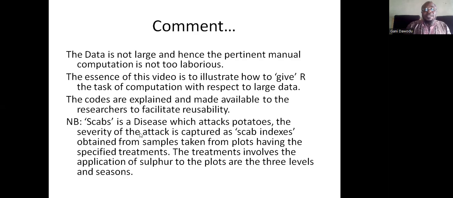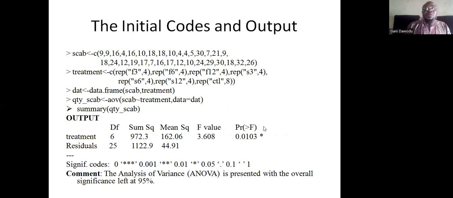Then the disease is scab. I've explained this. For a code as few as just these 4 lines, this summary is just a request for the result. You will have fed the data into R, and these are for the seasons and their levels.